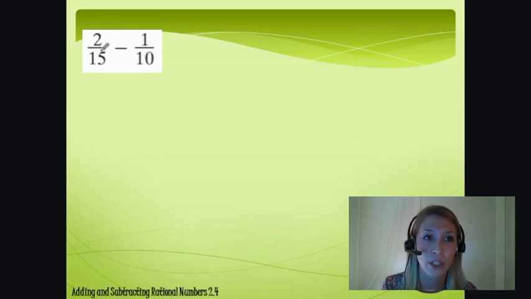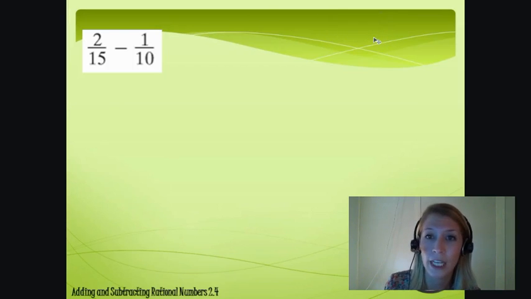Here we have a fraction, 2/15, being subtracted by 1/10. Our first step is to solve for the least common denominator, which in reality means we need to find the least common multiple of 15 and 10. So let's go ahead and list out our multiples of 15 and 10.